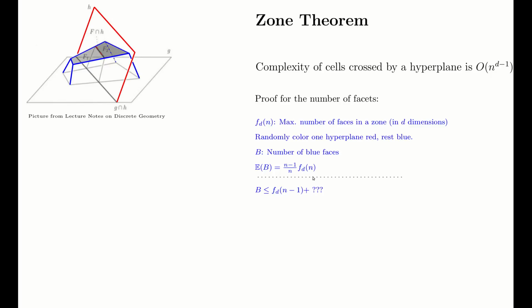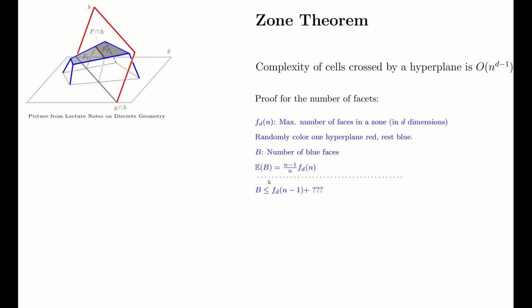Thus, if we focus on some facet in the zone of hyperplane G, that facet has the probability of being blue equal to n minus 1 over n. Thus, the expected number of blue facets will be this much: the probability times the total number of facets. This is one way to count the expected number of blue faces.